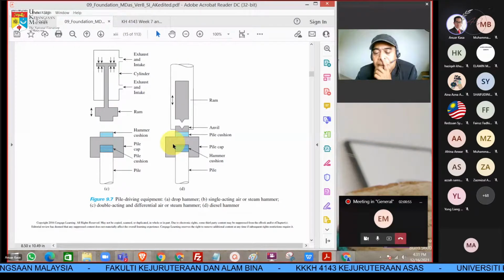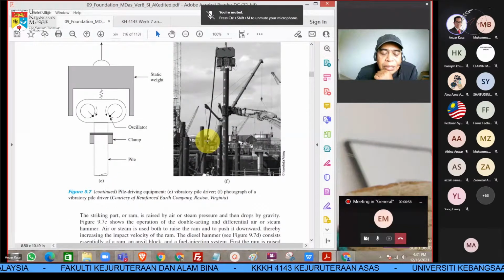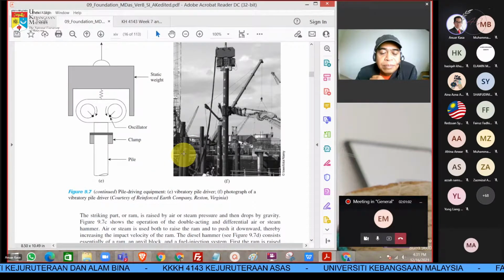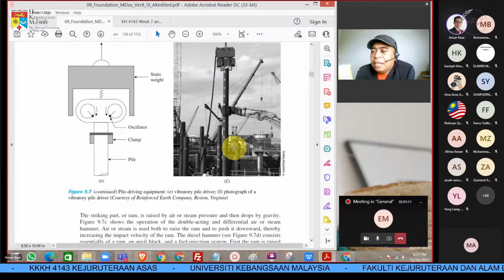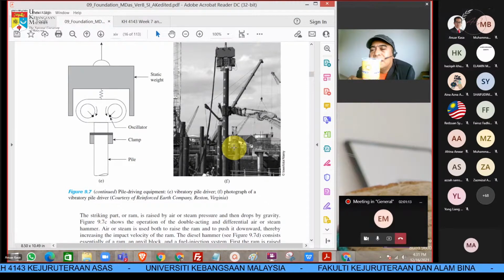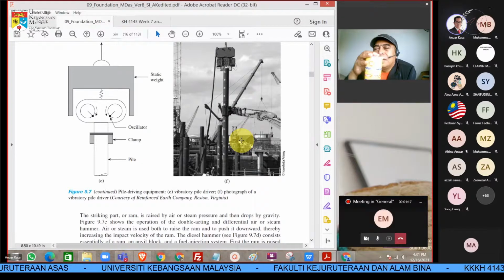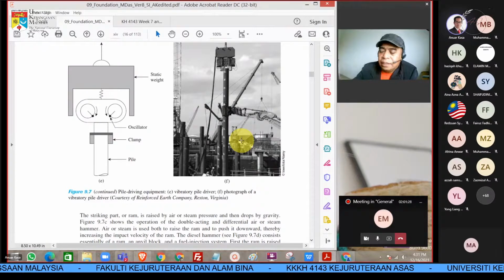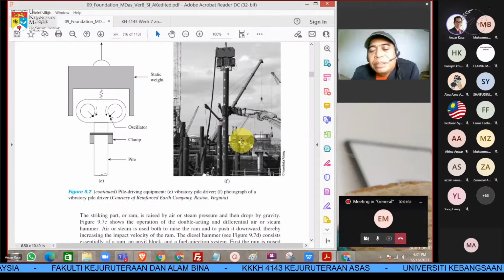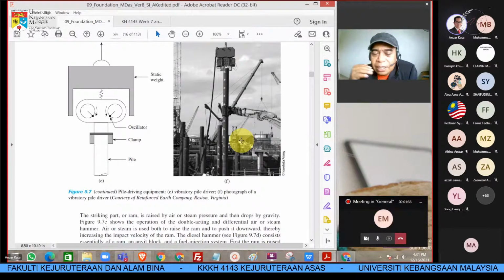Yeah, there are a few methods here you can read. And I think one of the latest ones, this is still the pile driving hammer. Now they have in the market what they call pile jacking. So you just push the pile instead of hammering. Hydraulic jacking, and it's not vibrating also, it's just pushing.